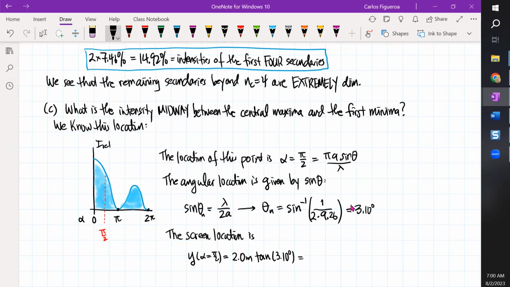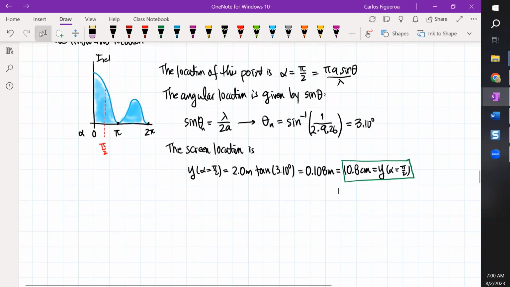And I get a value of 0.108 meters, or 10.8 centimeters for this location, which is alpha equal to pi over 2. So I now know the location of where that is.